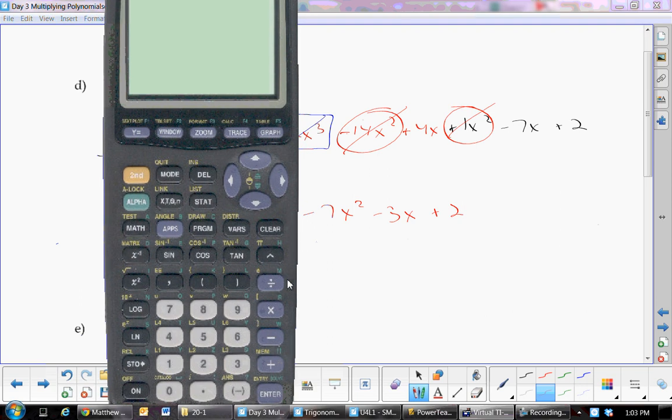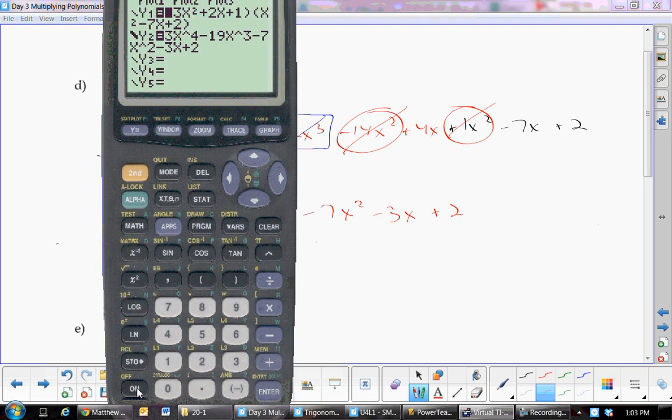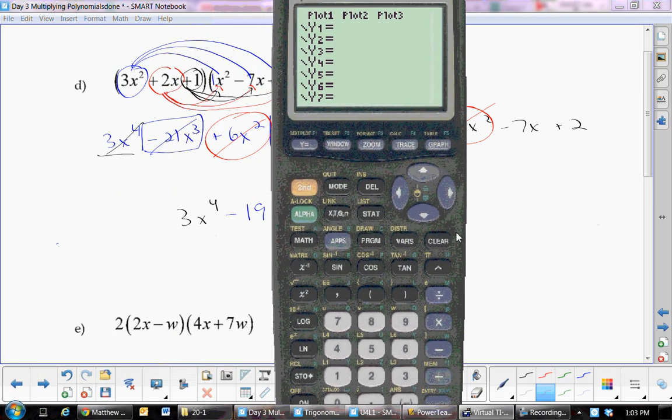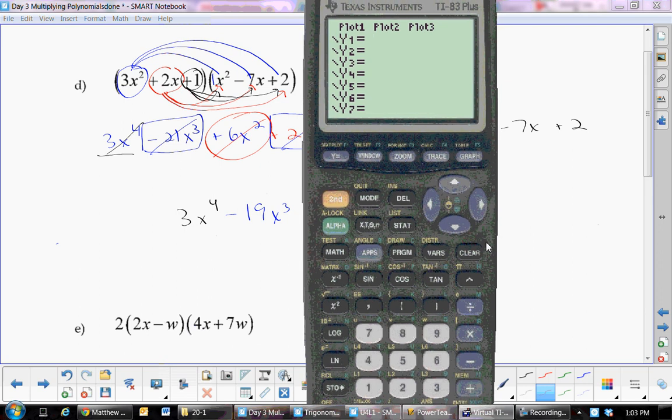So I want everyone to get out their calculator. And I want you to hit y equals on your calculator. You look where my arrow is. Now, I want everybody to put in the question, just like it looks.